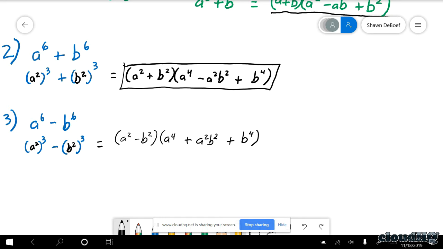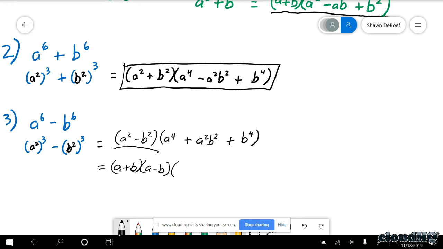And if you look at the binomial, it is a difference of two squares, so it factors further. So I'm not actually done. A squared minus b squared factors to a plus b, a minus b.